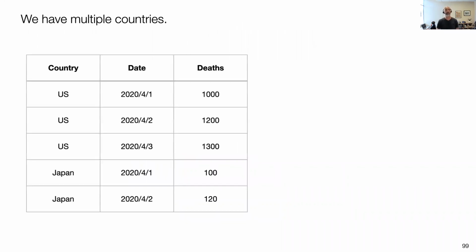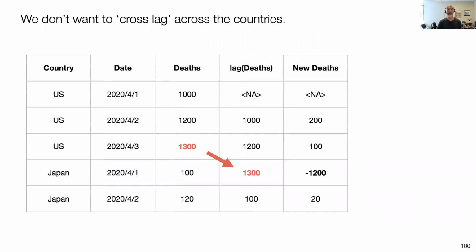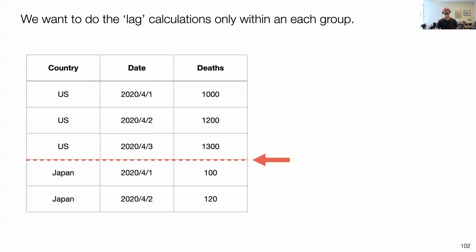The second is that you don't want to cross lag. What that means: we have multiple countries, let's say US and Japan. If we just apply the lag function blindly, then the first row in Japan takes the previous value from the US numbers. Then you end up doing a calculation and getting a crazy value. So what we want to do is create some kind of stopping zone, like a wall.